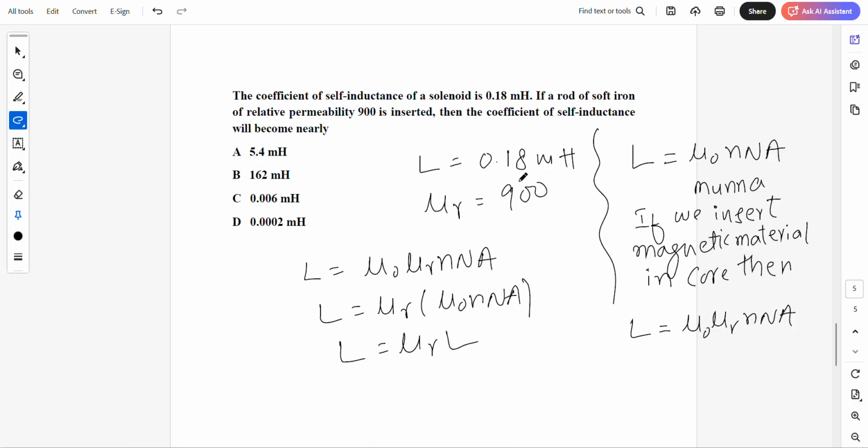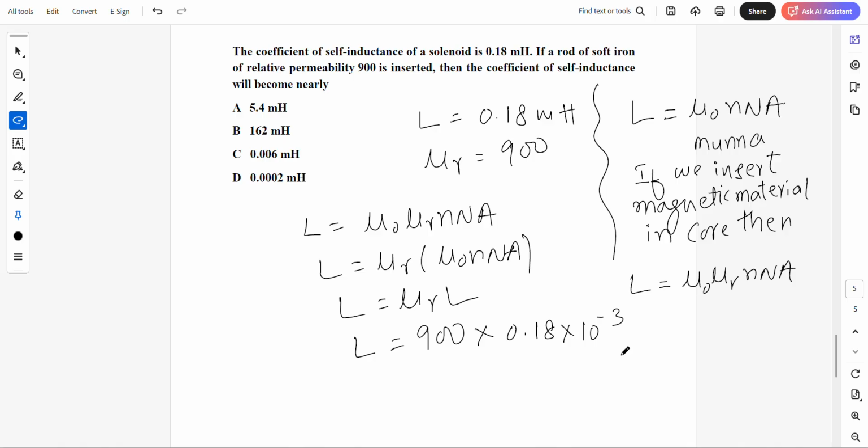This L they have already given. So L is equal to mu r, which is 900, into L, which is 0.18 into 10 to the power of minus 3. How much is 900 into 0.18?